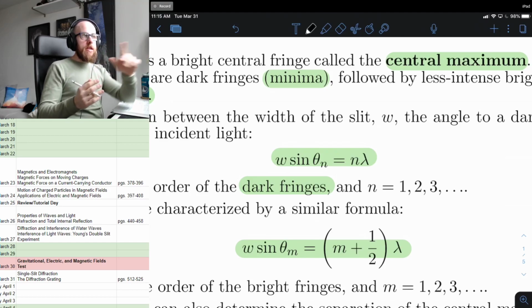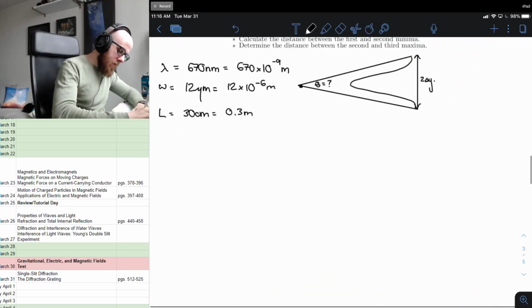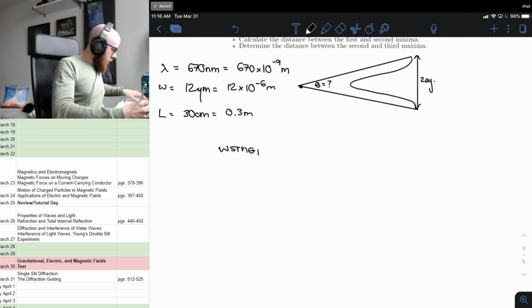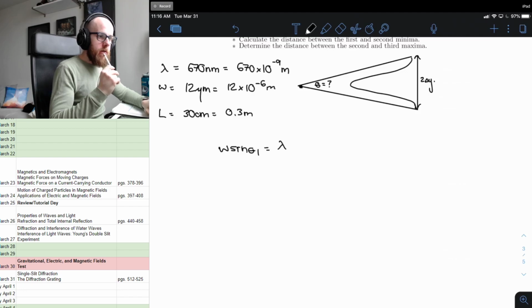So I'm going to make n equal to 1 in this formula and solve for what theta is. All right. So let's give it a go. W sine theta 1 equals lambda. Okay. So again, that path length difference is a multiple of whole wavelengths, right?